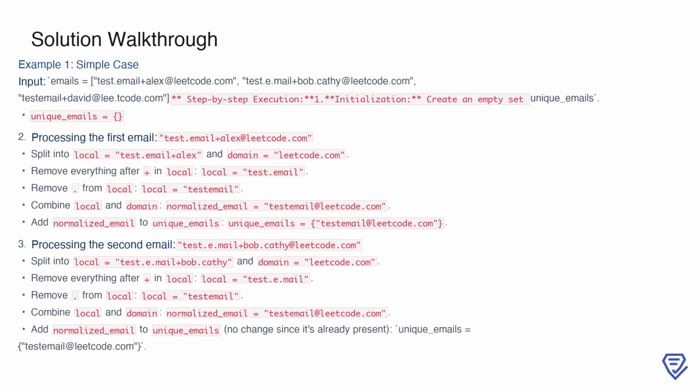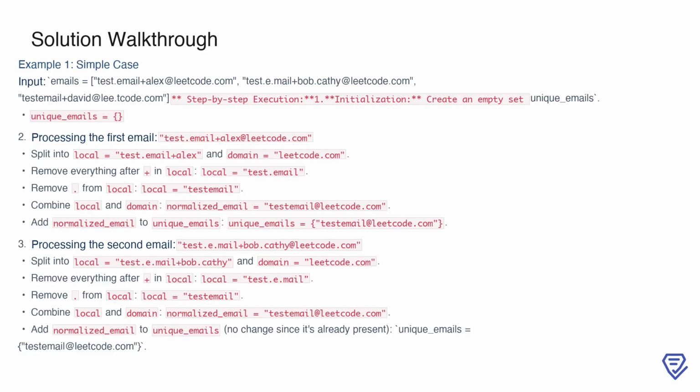Here, we're working through the problem of normalizing email addresses to find unique ones. Let's start with the input list of emails. The goal is to process each email, normalize it, and add it to a set of unique emails. First, we initialize an empty set called unique_emails. Now, let's process the first email, test.email+alex@leetcode.com.